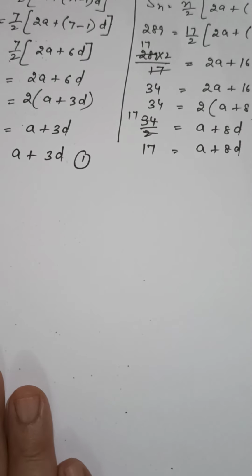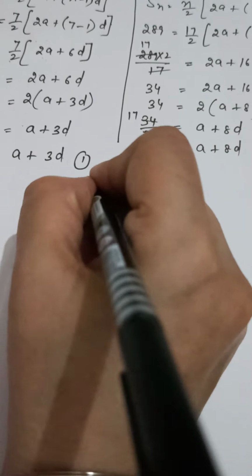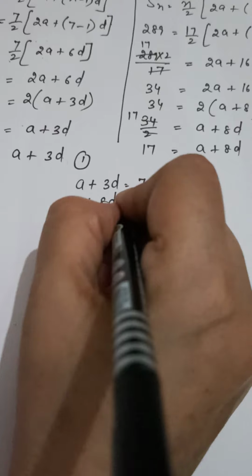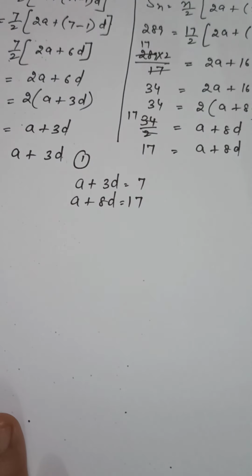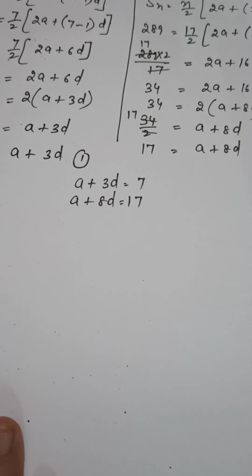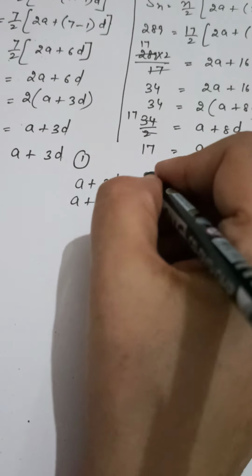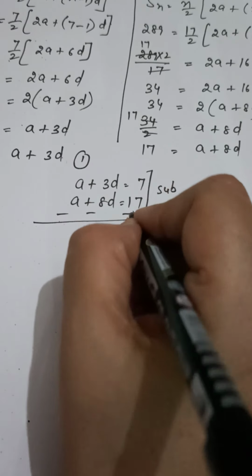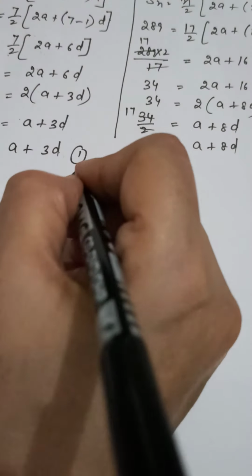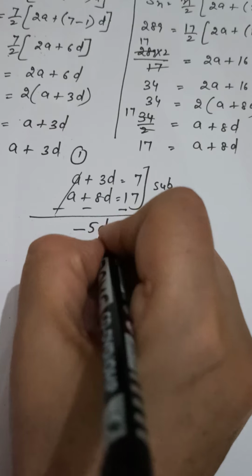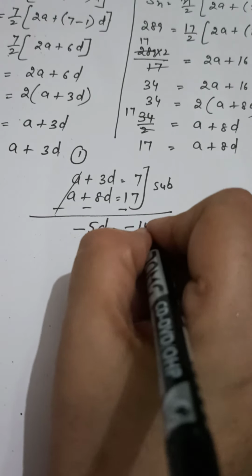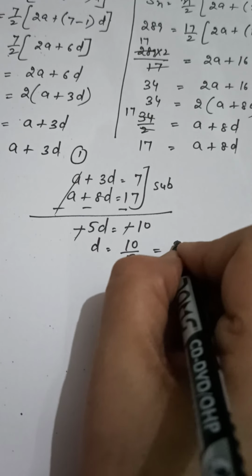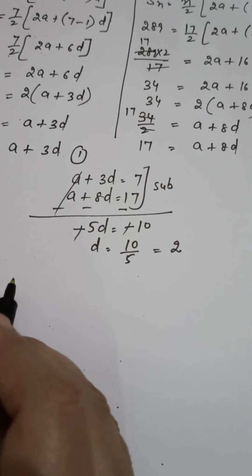Now using both of the equations, a plus 3d is equal to 7, a plus 8d is equal to 17. We can find the values of a and d by using the elimination method. Subtract: minus, minus, minus, the sign will be changed. A and a will be cancelled. Minus 5d is minus 10. Then what is d? D is equal to 10 upon 5, d is equal to 2.